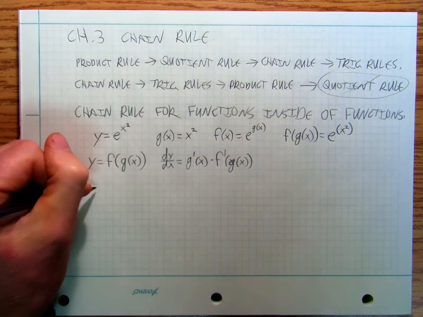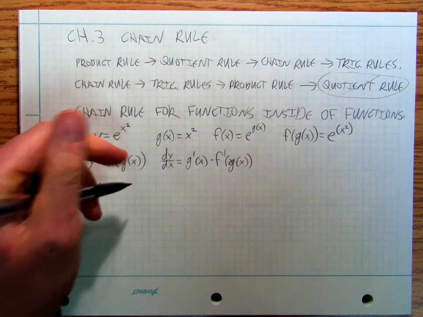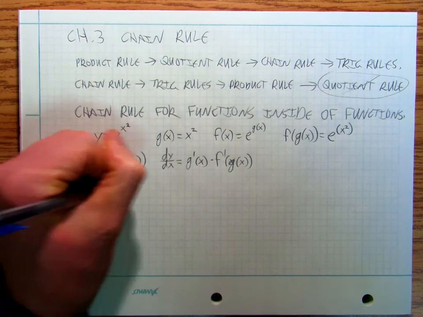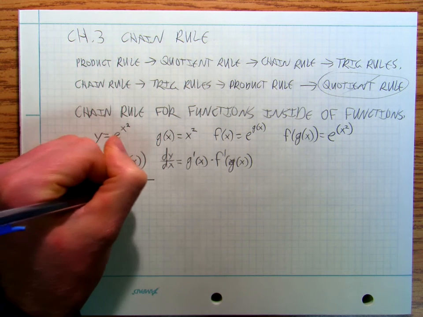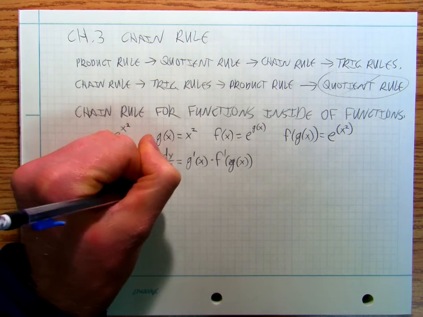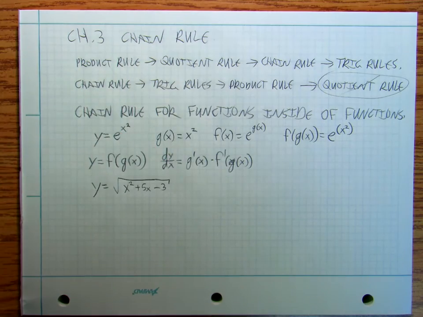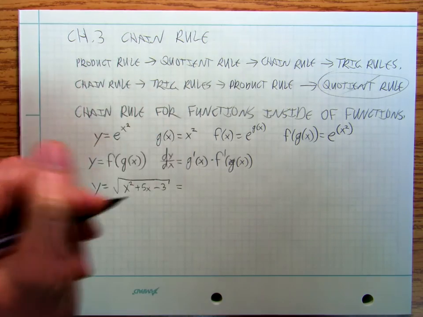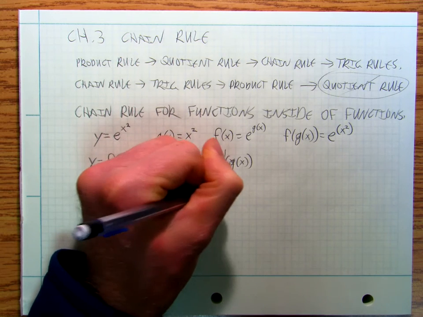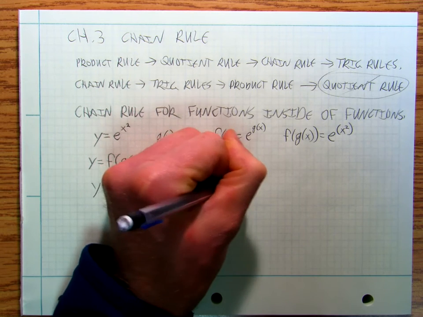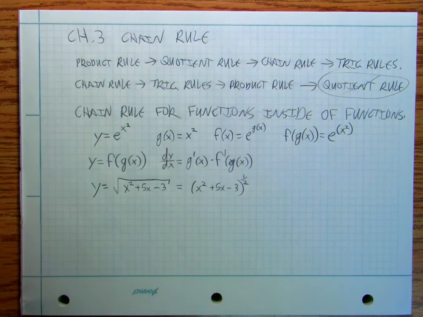Okay, so let's do y equals the square root of x squared plus 5x minus 3. I'm going to write that as x squared plus 5x minus 3 to the 1/2 power.